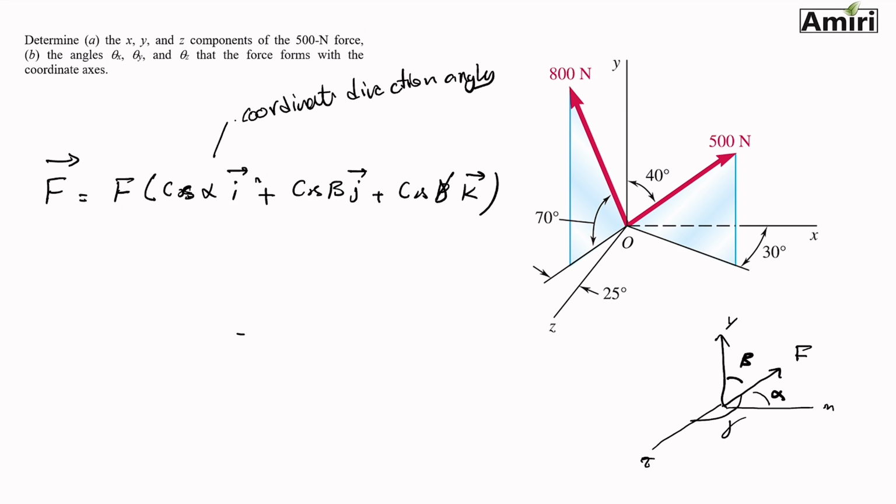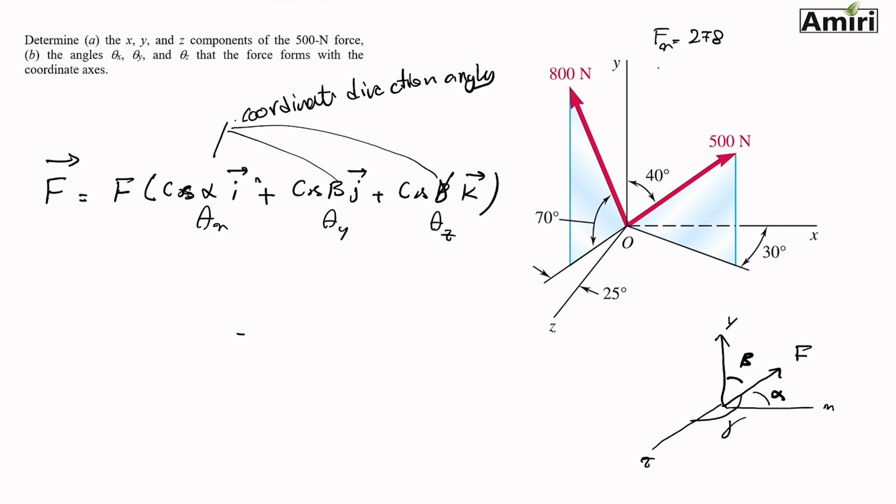Okay, the alpha, beta, and gamma. In this case, it just says theta x, theta y, theta z. Same thing. All right. From the previous slide, I have Fx, how much was it? 278.